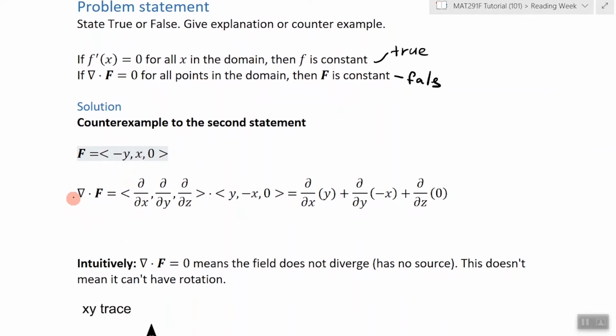Counterexample like this. Vector field f equals negative y, x, 0. I compute the divergence. To get the divergence, you would take the del operator, this is the del operator, dotted with the vector field f. Here I'm expanding the dot product. Let me actually highlight it.